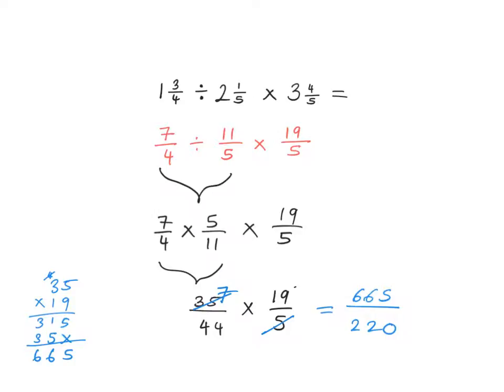7 times 19 is just 7 times 10 is 70. 7 times 9 is 63. 70 add 63 is 133. So my numerator becomes 133 and the base is just 44.